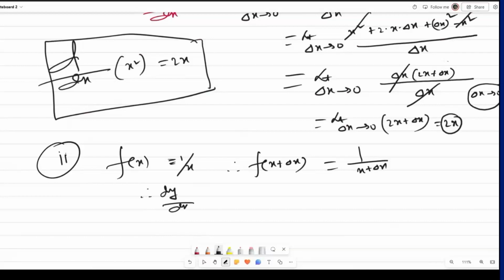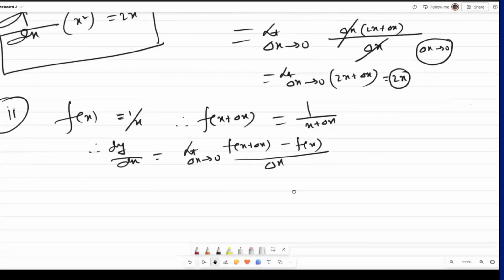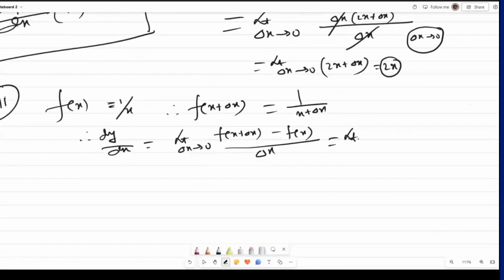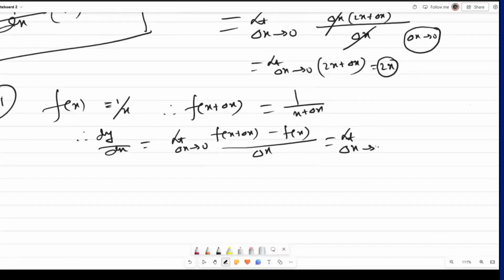So dy by dx will be, this is by definition. Now we'll put all these things. We got that f of x plus delta x, we write in detail, and this divided by delta x.